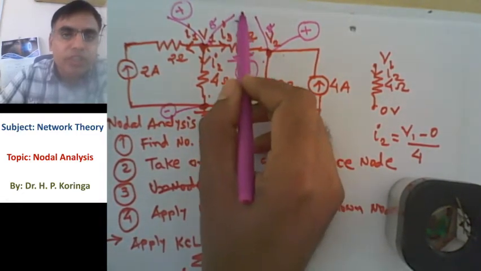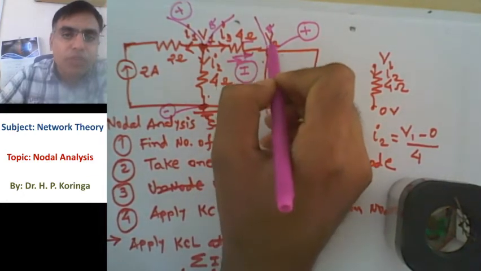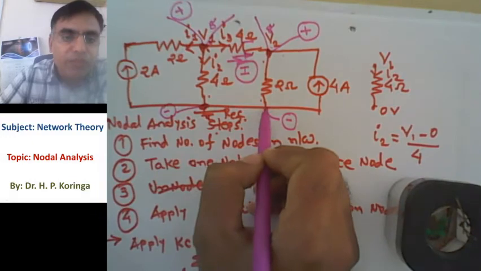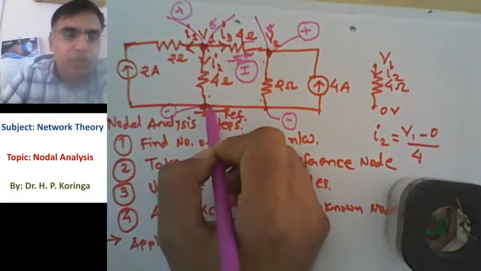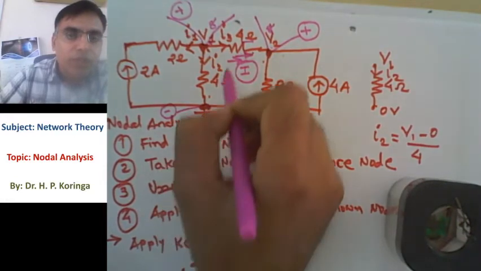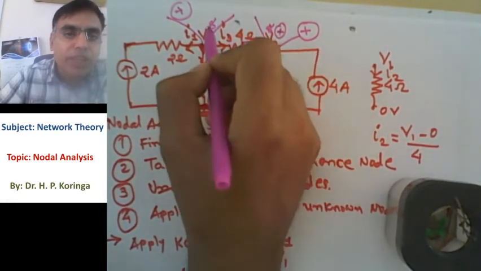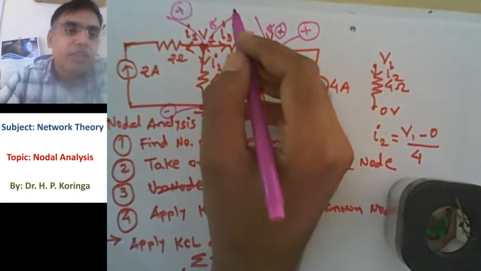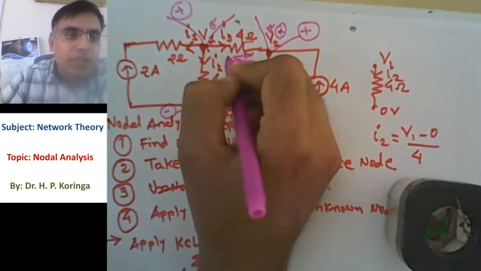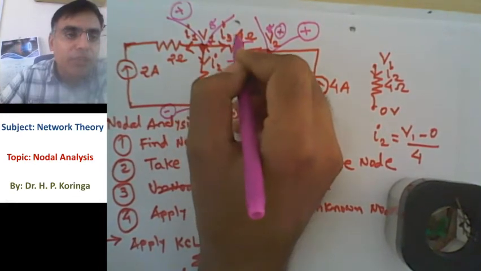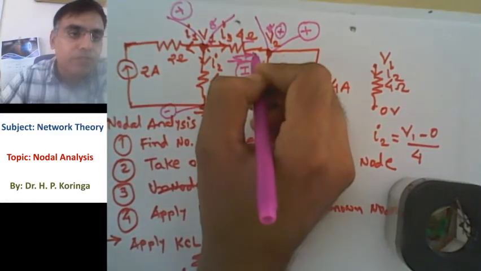So here it is zero potential. This 8 volt V2 is with respect to the reference, and similarly V1 8 volt is with respect to the reference. If you keep the positive of the multimeter at V2 and the negative at V1, then it will give the answer of V2 minus V1. The multimeter will display the potential difference between V2 and V1.